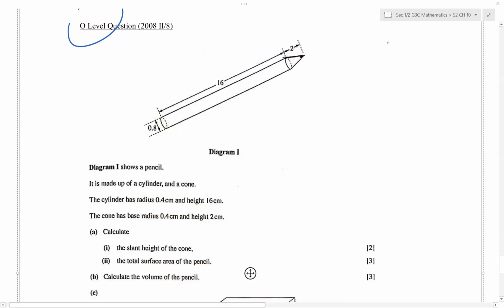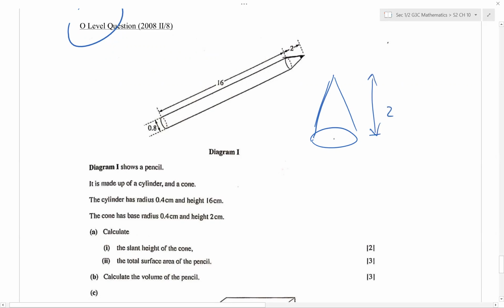So the cone, it'll be better if you draw it out by yourself again. Okay, so the vertical distance is 2. Then our diameter is 0.8, so our radius will be 0.4. Need to draw the right angle triangle. Now the slant height in this portion, we see a right angle triangle, Pythagoras theorem.